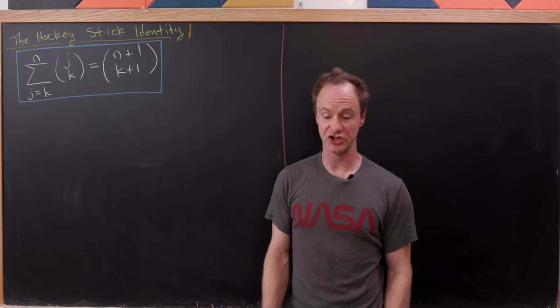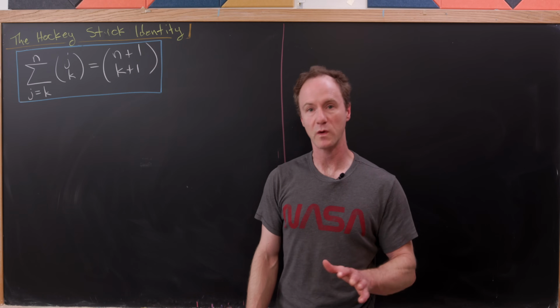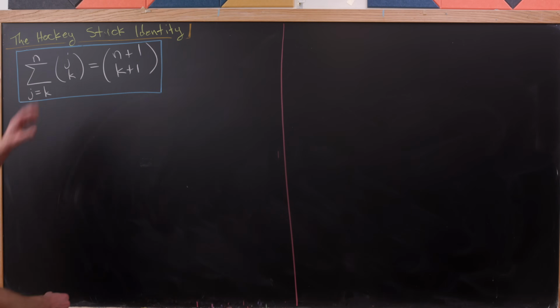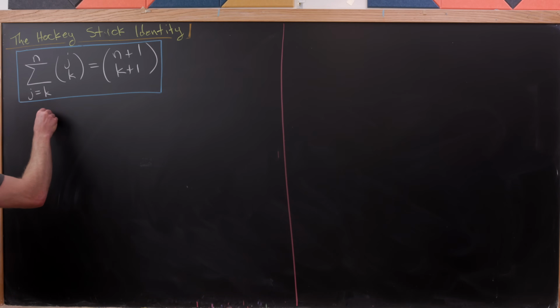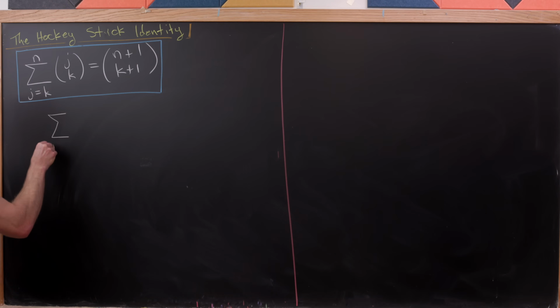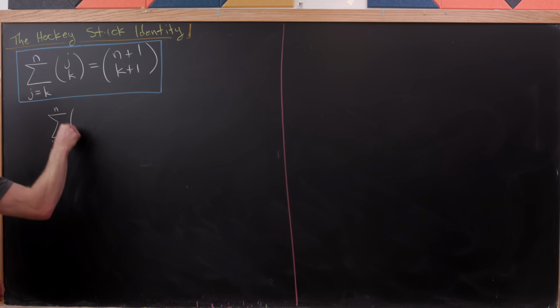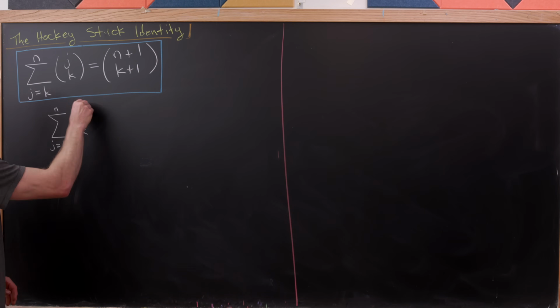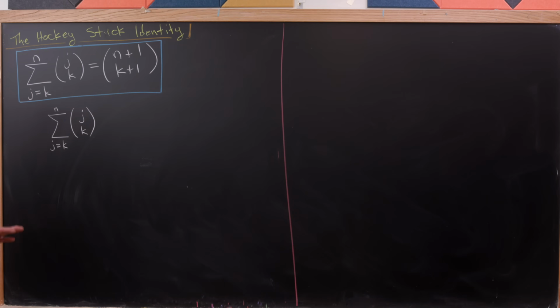Okay, so let's just jump right into it. We'll do that by just starting with this left-hand side. So I'm going to write this left-hand side down: the sum as j goes from k to n of j choose k. But I'm not going to stop there.